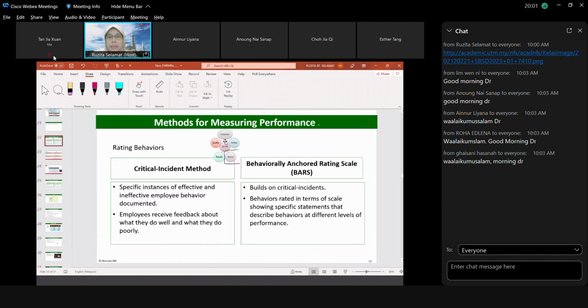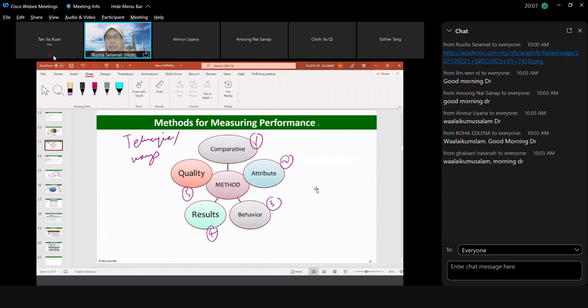Okay, so maybe as a flashback, to remind you, we were here to discuss methods for measuring performance, right? So we are done with comparative, we are done with attribute, so we will continue with the third one, which is looking at behavior as an indicator for measuring performance.